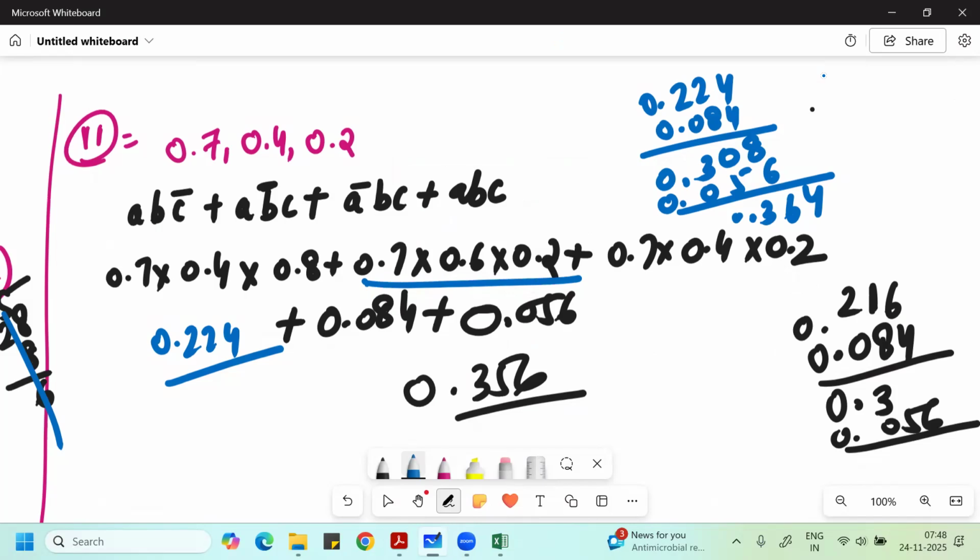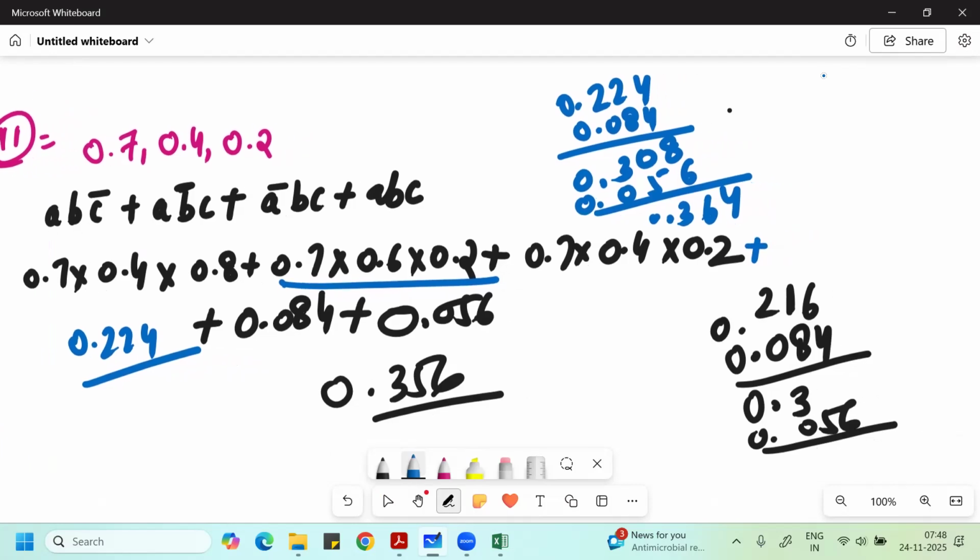So A and B survive, C does not survive. Then A and C survive, B does not survive. Then A does not survive, B and C survive. A does not survive means 0.3 into 0.4 into 0.2.